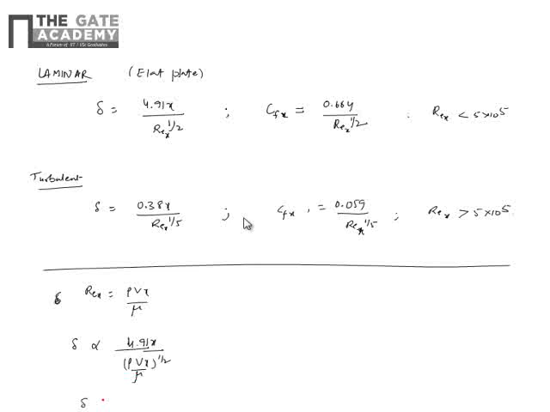So delta is proportional to root x in laminar flow, but in turbulent flow it is proportional to x divided by x to the power 1 by 5. So delta is proportional to x to the power 4 by 5. So this is how it varies, and you can get that from these expressions. Okay.